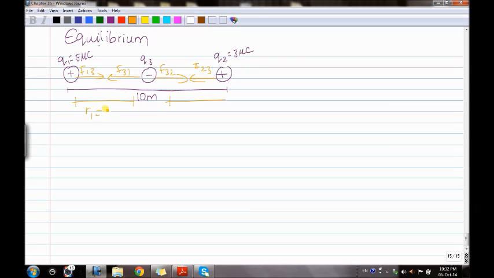R1, which is the 10 minus R, and this is the R2, which we'll call R. So now F31 equals F32.